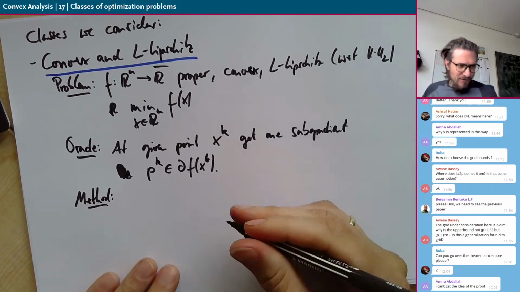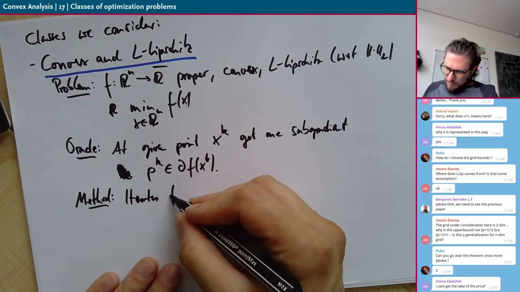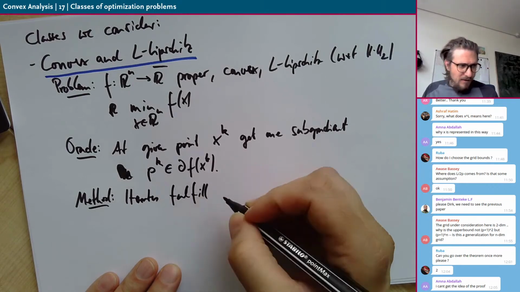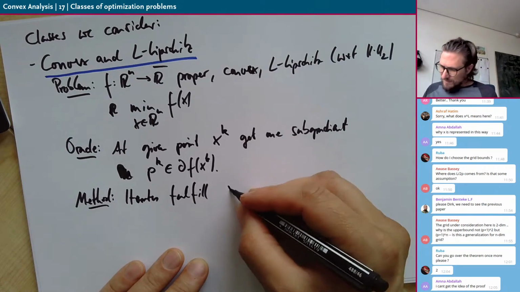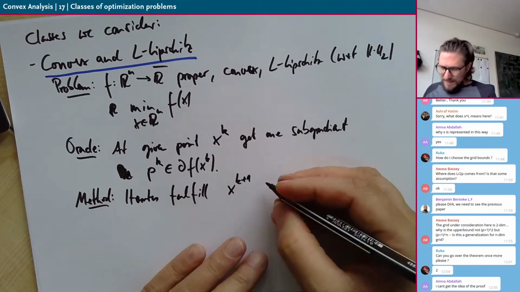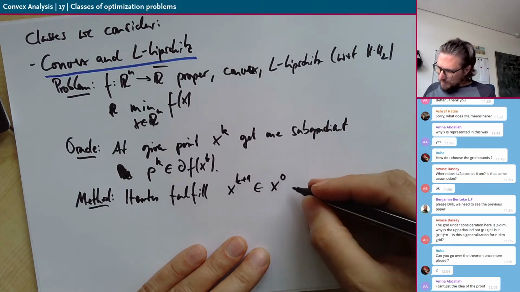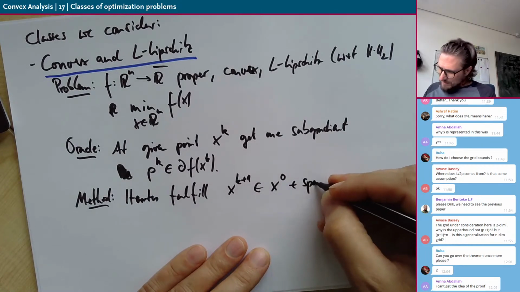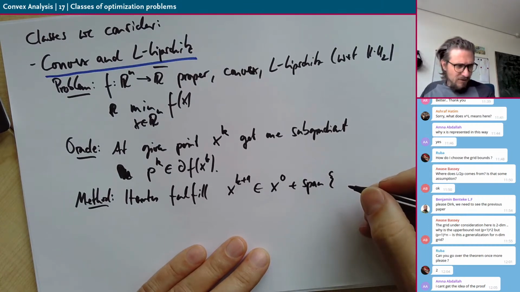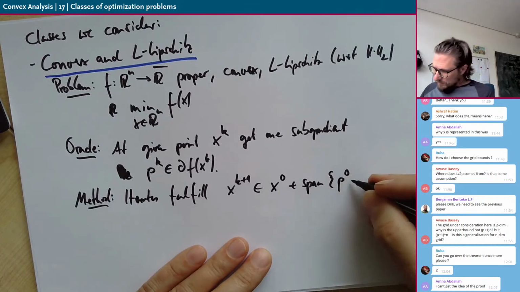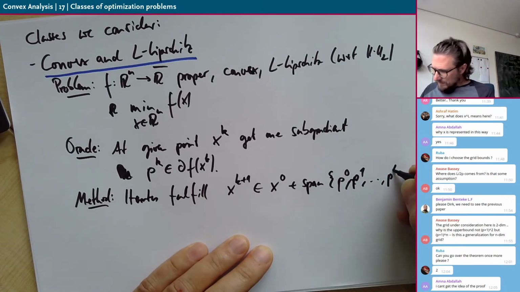So the idea of the method is the iterates fulfill that, written slightly different than in the lecture notes, that the next point, xk plus 1, is contained in the initial point plus the span of all the previous subgradients, so p0, p1, up to pk.